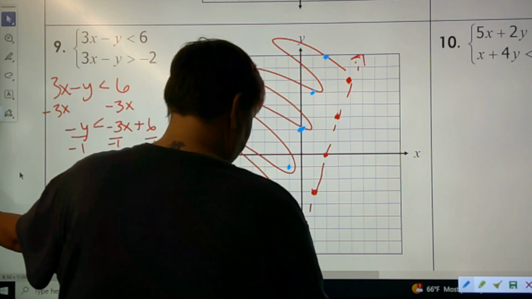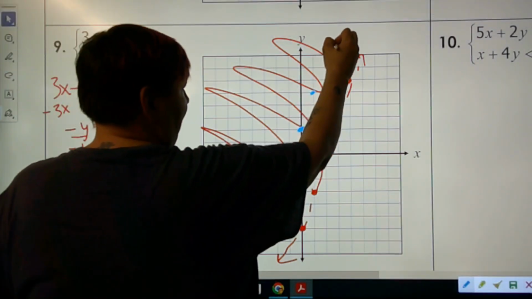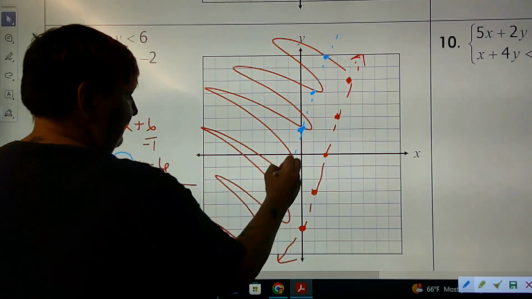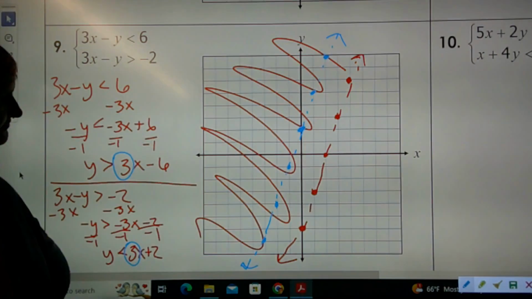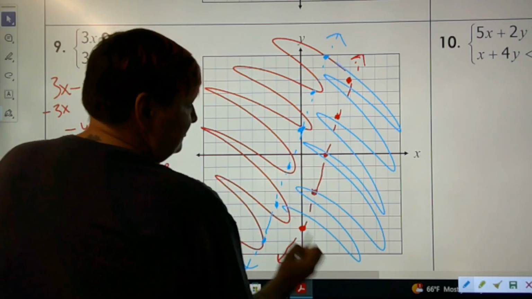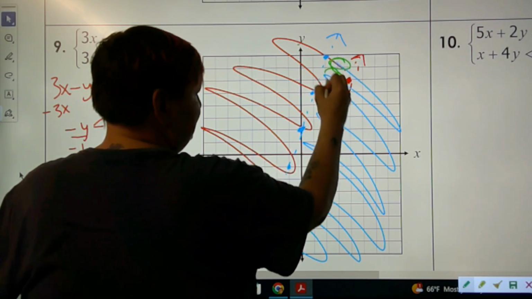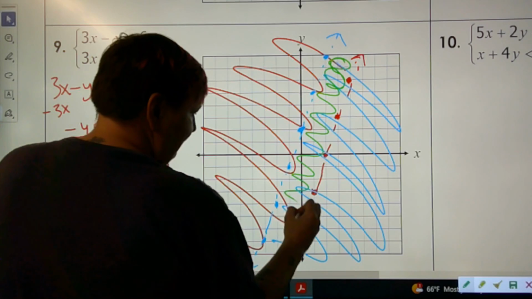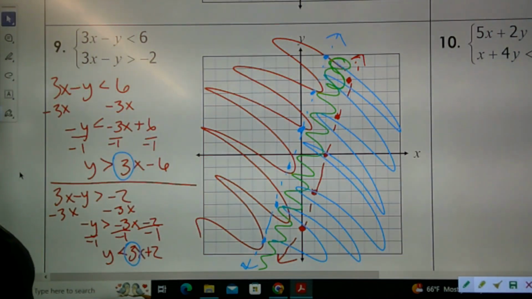Dash line. We know if they have the same slope, they're parallel. And it's below. So our solution set is in between. It's this area in between. That's our solution set. Interesting.